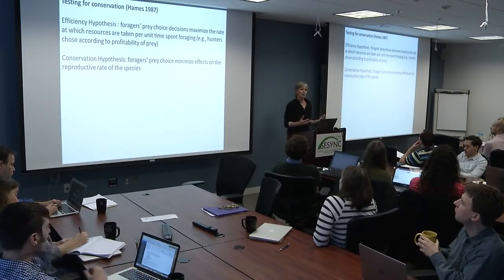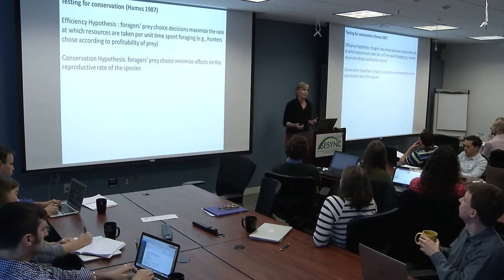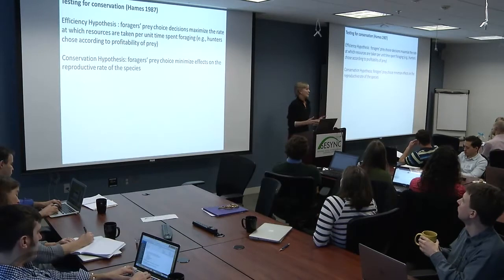So the efficiency hypothesis is derived from optimal foraging theory, and here he uses a specific prey choice model, which assumes that organisms need to acquire food to reproduce, produce babies and obtain fitness. Obviously, it's not linear. And also that foraging behavior incurs opportunity costs, so you don't want to spend all your time out hunting because there are other things to do.